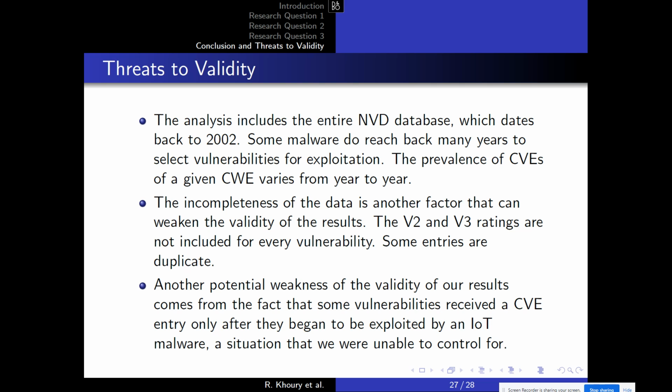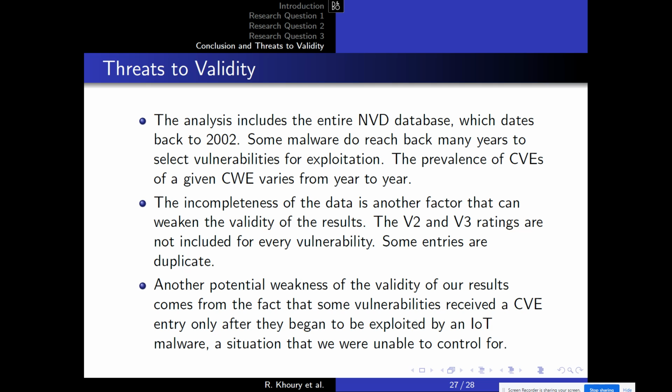But many others do not. And most exploit vulnerabilities that are at most 2 years old. So that's a threat to validity. And it's a threat to the result that I gave with respect to the CWEs, because the number of vulnerabilities with each CWE type varies a lot from year to year.